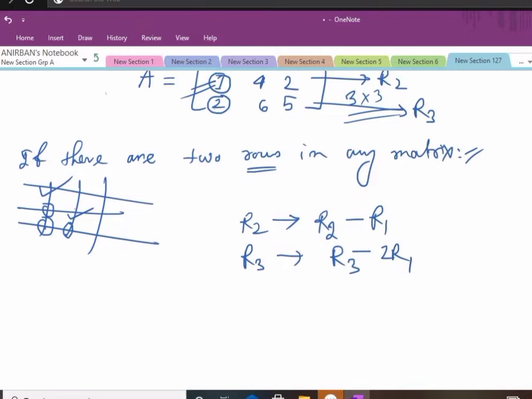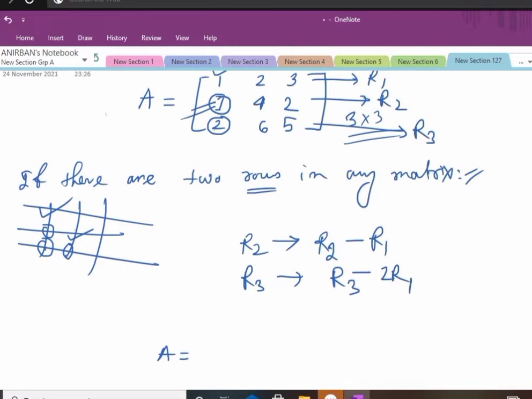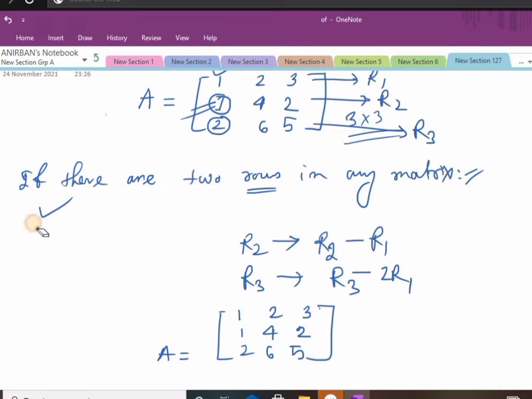So we have the matrix A equals 1 2 3, 1 4 2, 2 6 5. This is our original matrix, and if we do these operations, then we have the matrix A equals 1, 2, 3.